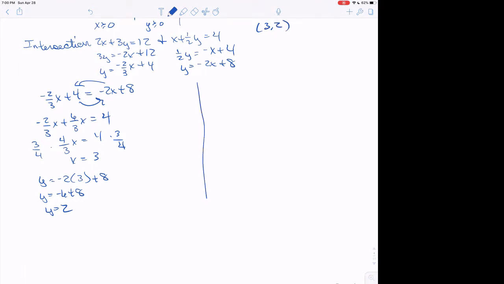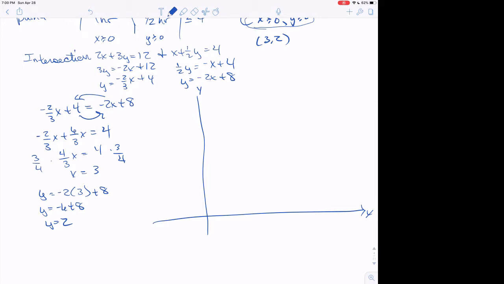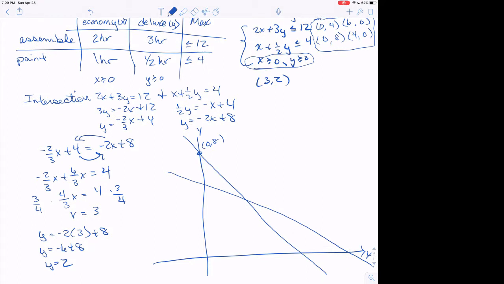So now if I graph this, remember I'm only graphing in the first quadrant. Okay, so I have the point. Now here's the way I graph these. I have this line that comes down like this, and I have this line that comes out like this. So this is the point 0, 8, and 4, 0.